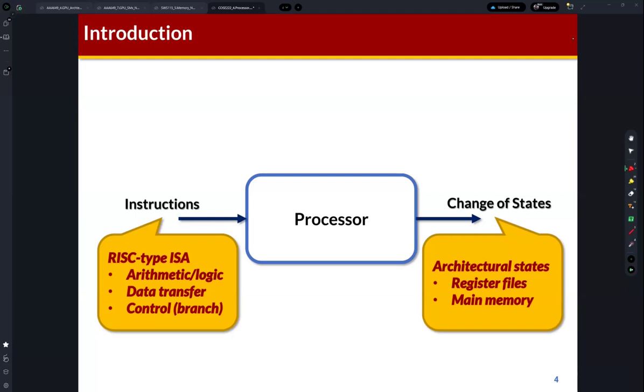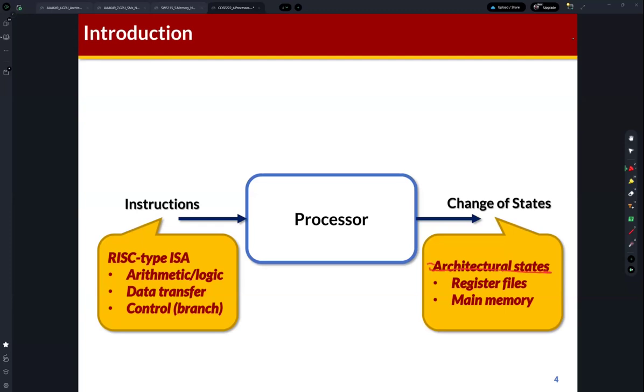Okay, so an instruction is given to a processor, and then the processor creates the result of the instruction. I mentioned that the result of instructions is defined in the ISA document, the instruction set architecture document. But you need to understand that instructions change architectural state, as I mentioned.